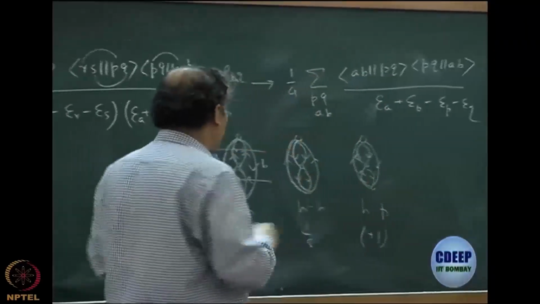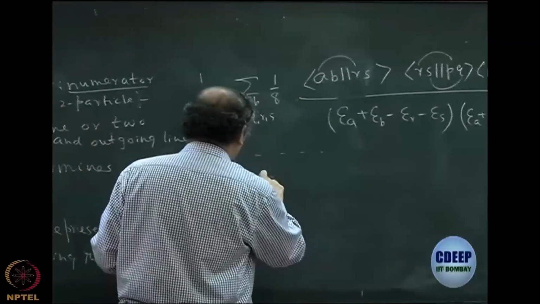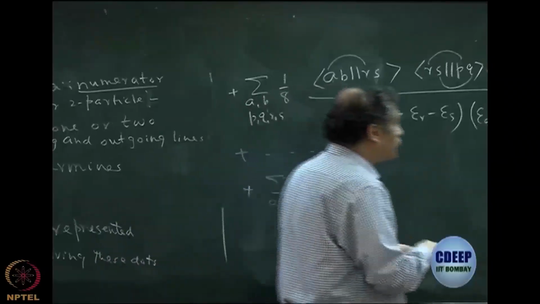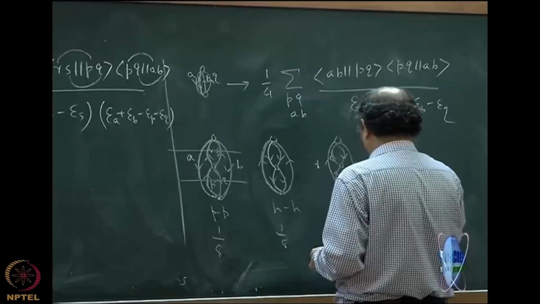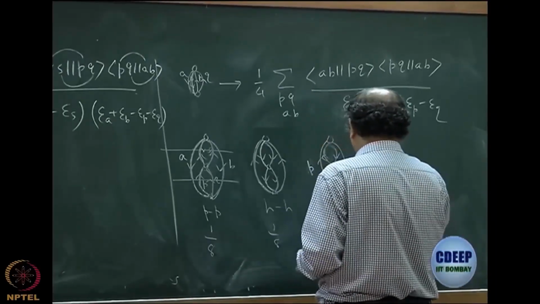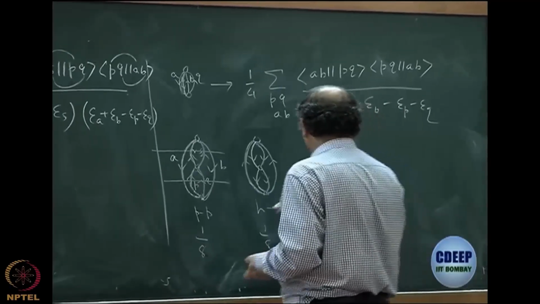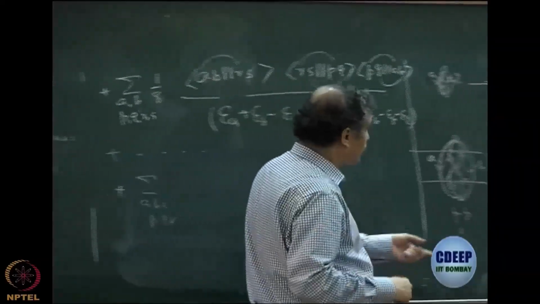But if I follow this, the more ready convention, so A, B, C, P, Q, R. Let me label this again. So let's say this is P, this is A, this is Q, this is B, this is R, this is C. That's easy. So I have three particle lines, three whole lines.